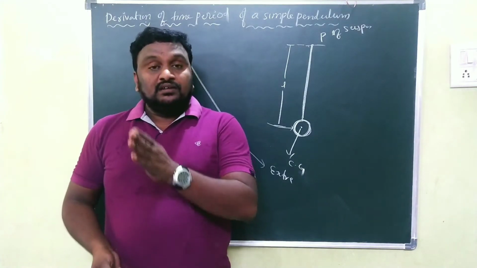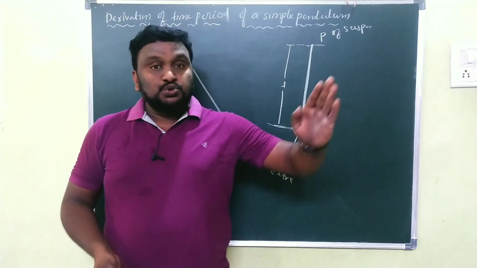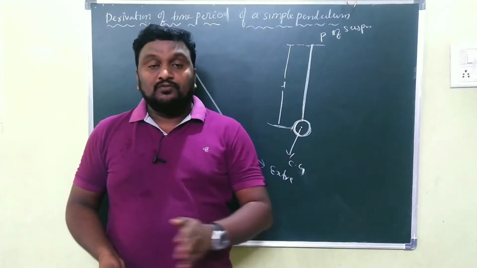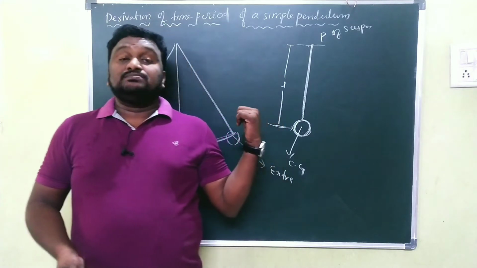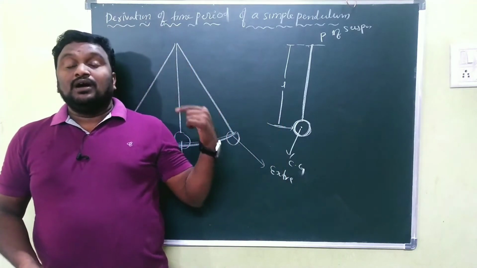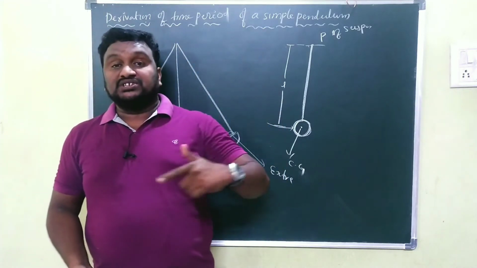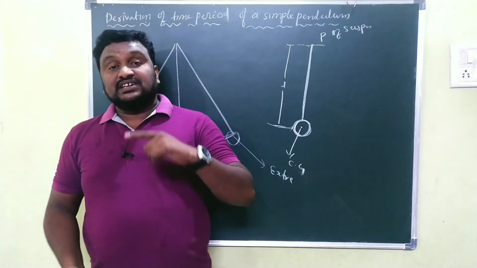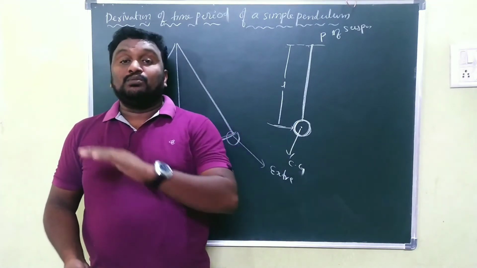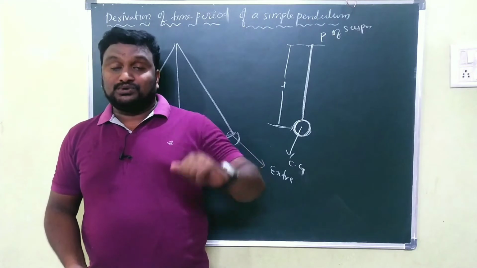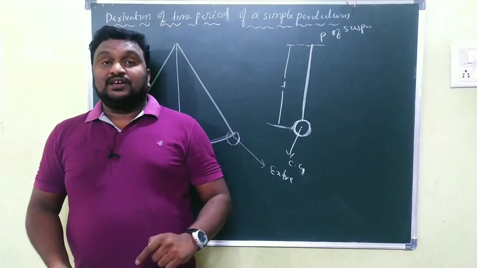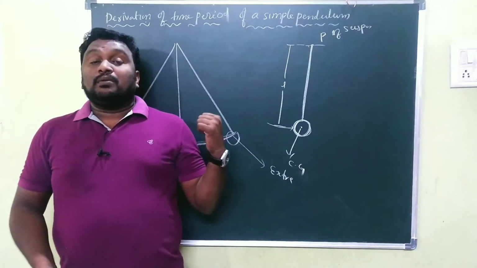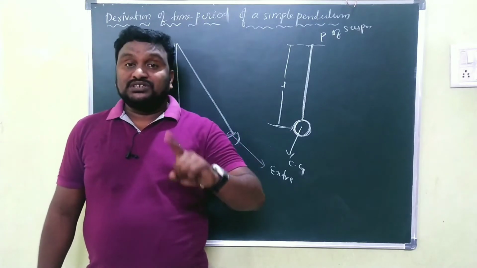And when the bob moves in to and fro motion, this simple pendulum consists of a bob, the bob will execute the oscillations, and that oscillation consists of to and fro motion.